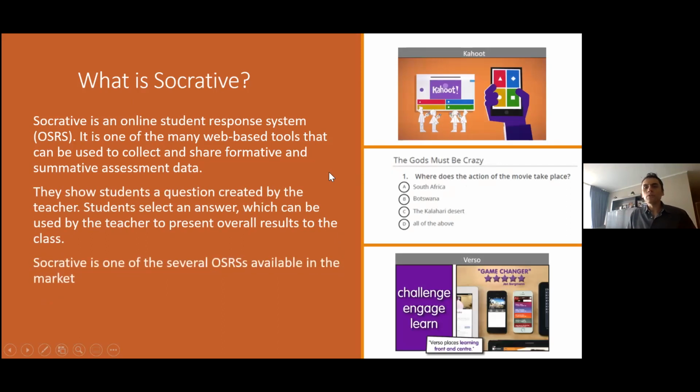Maybe you've heard of Kahoot or Verso. These are other OSRSs that are available in the market. Kahoot is quite common in the Chilean context, I think. It's a little bit more colorful than Socrative.